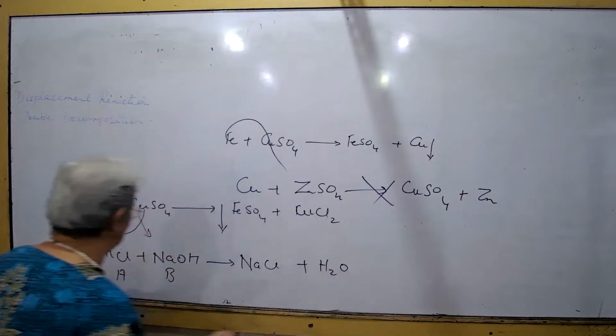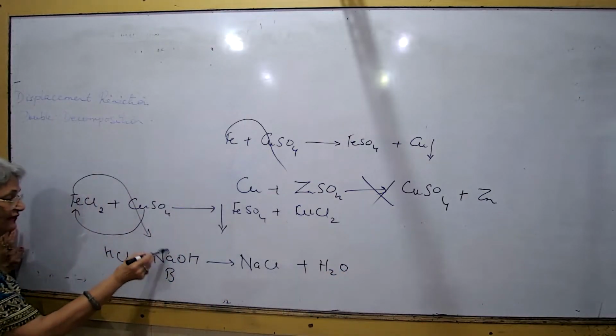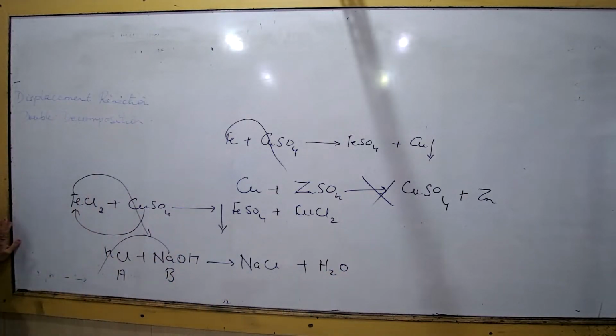Na will displace H, because Na is more reactive than hydrogen, or Na is in a higher position than hydrogen. So Na will take the place of H and H will take the place of Na with OH and give you water. This is a neutralization reaction, using acid and base, and it is double decomposition.